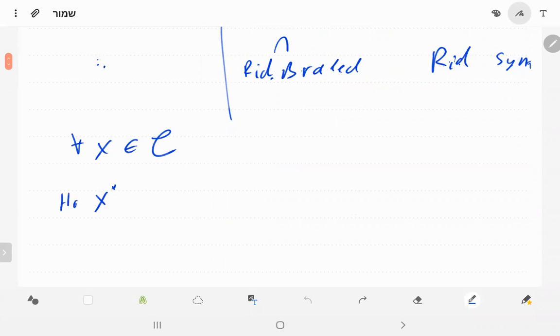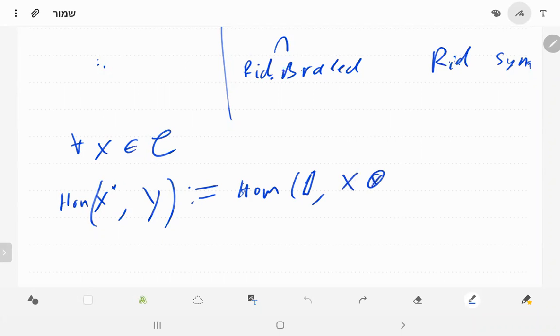So what is Hom from x star to y? The claim is that this should be by definition Hom from 1, the unit (a monoidal category has a unit with respect to the tensor product), to x tensor y.